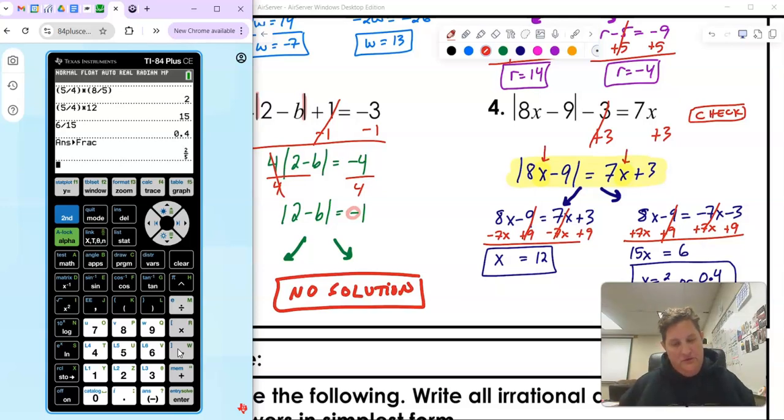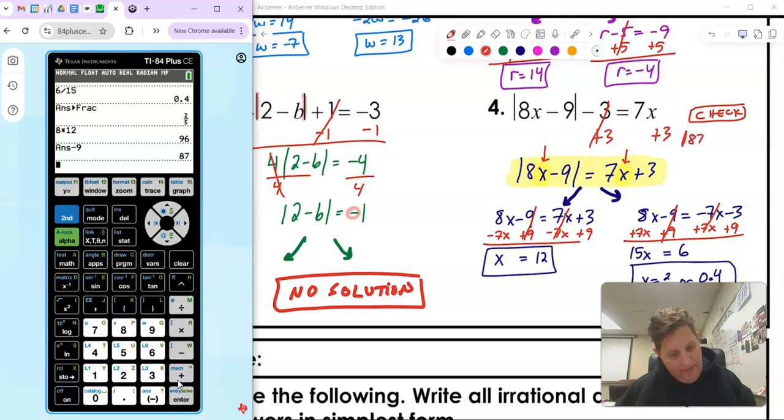Alright, 8 times 12 is 84, I think. No, it's not. 96. Minus 9 is 87. So absolute value of 87. And then 7 times 12 plus 3 is 87. Does the absolute value of 87 equal 87? Yes, so that answer is good.